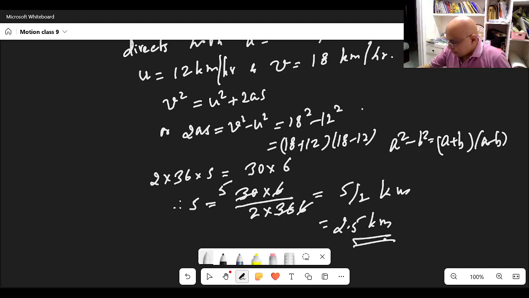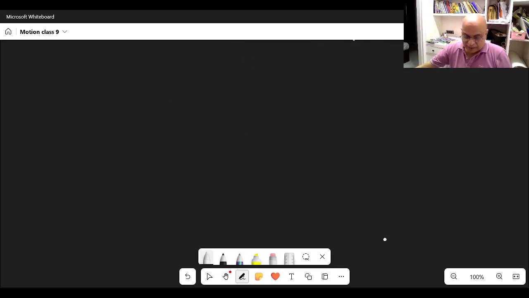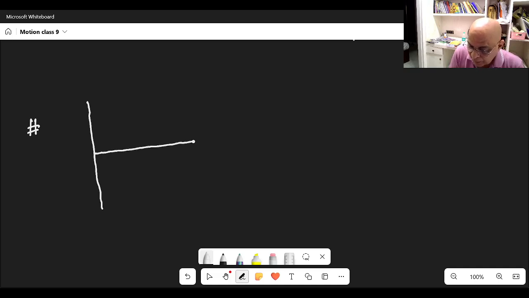Now the next problem is based on a graph. What is the graph? It is like this. A velocity-time graph is there. This is velocity, this is time.